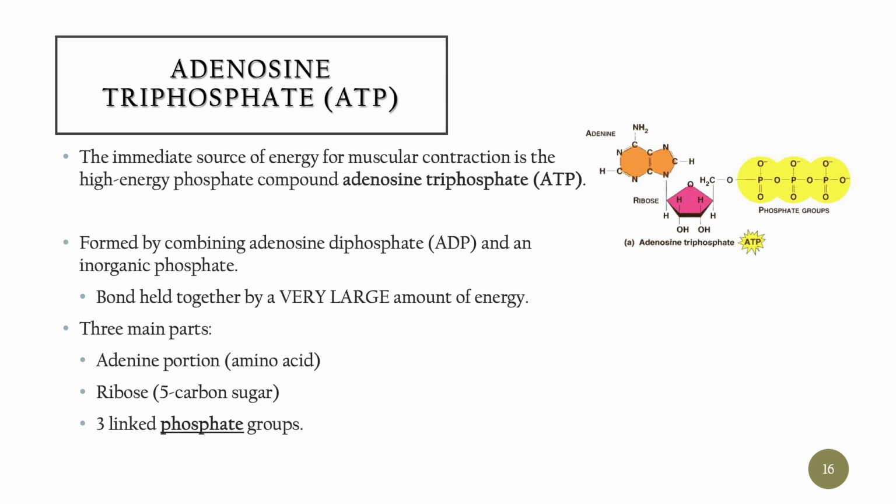Between the second and third phosphate. Does that mean that there's no energy between the first and the second? No, there is. It's just not as much. Remember, energy transfer in the body occurs when the release of energy trapped within those chemical bonds between the phosphates are exposed.